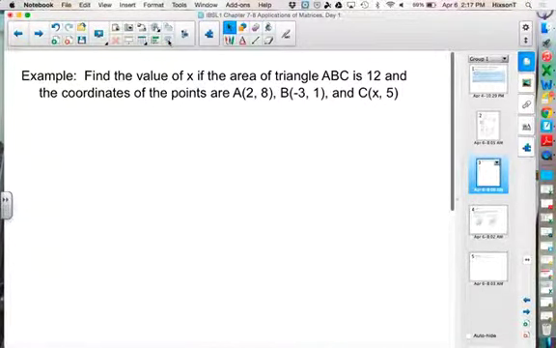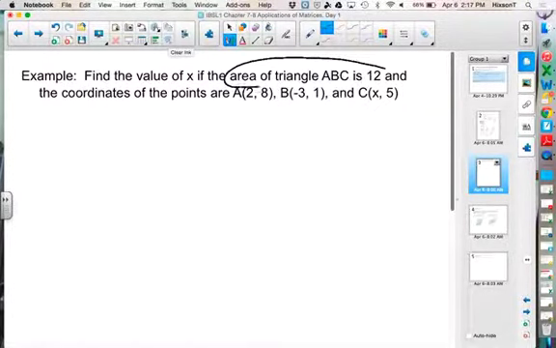Okay. So here we have kind of a little twist on this application. And that is, what if you know the area you want, but you don't know all of the points? Okay? So for example, we know we want the area to be 12.